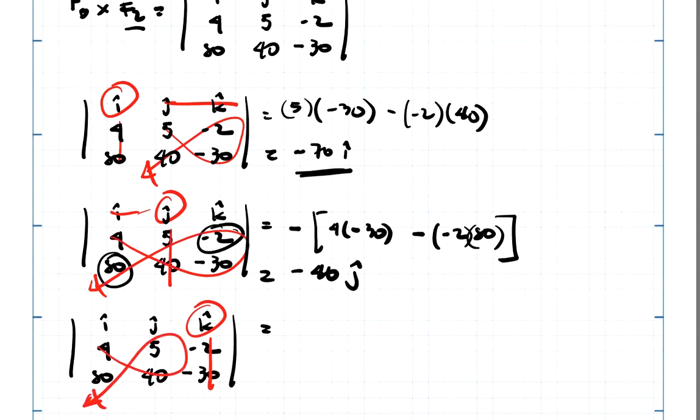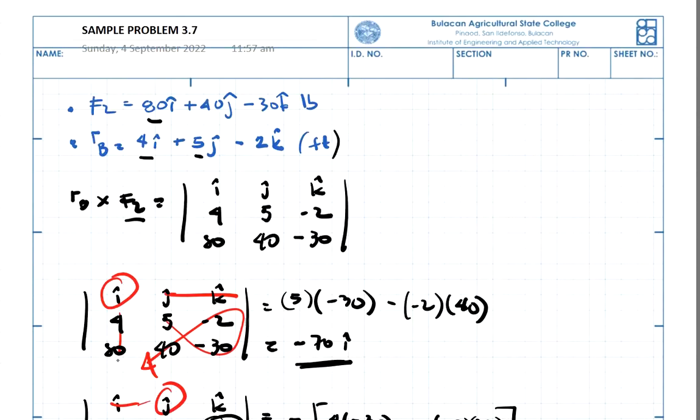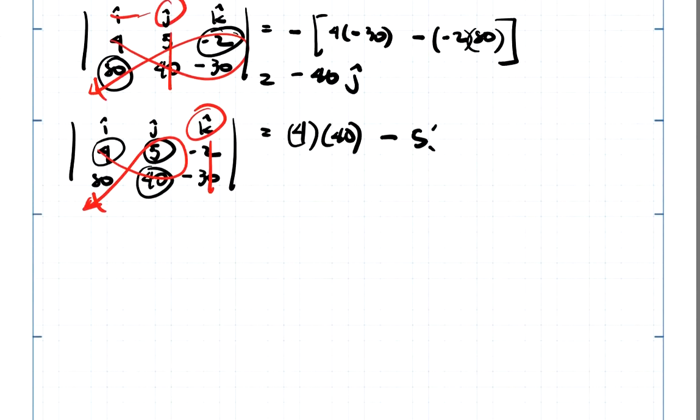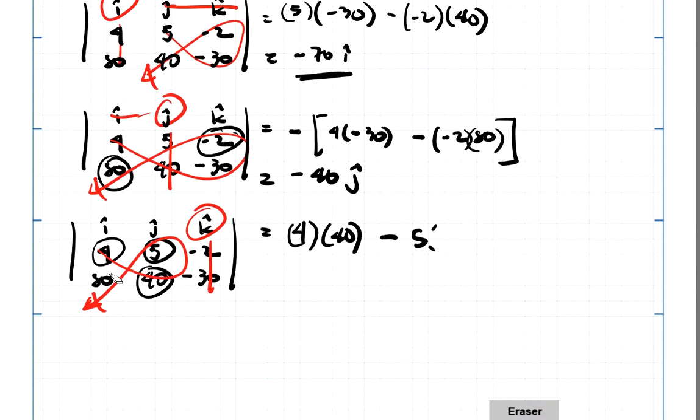And lastly, for the value of K, we need to cover this and do this. So we have 4 multiplied by 40 minus 5 multiplied by 80. So this is equal to negative 240K.